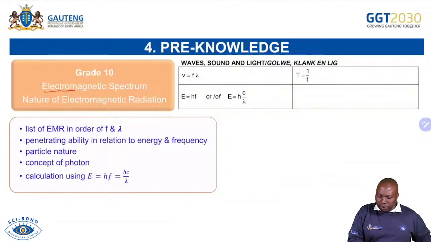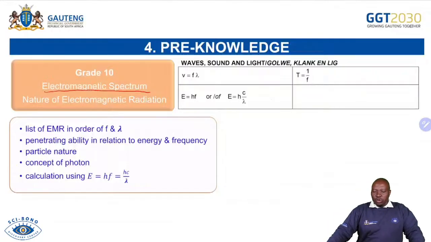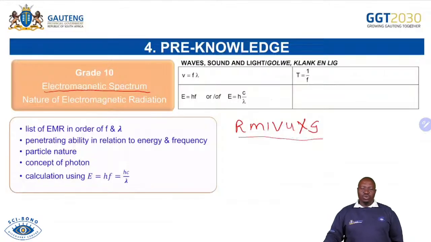So we're going to look at that electromagnetic spectrum. You will remember. I usually like to refer to this with a mnemonic, so that you remember. I will always be giving you this so that you know how to remember things.